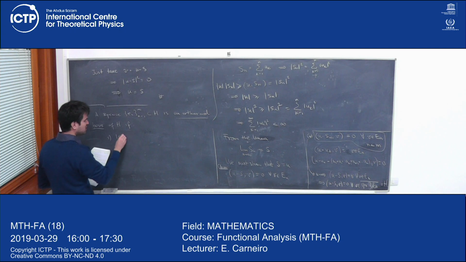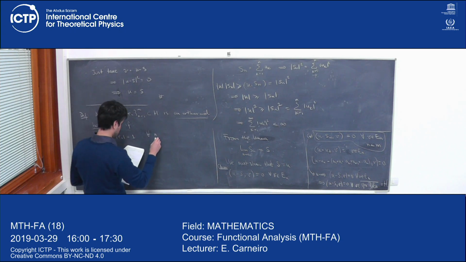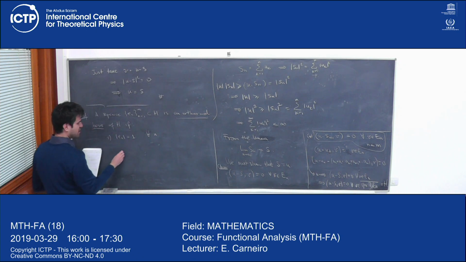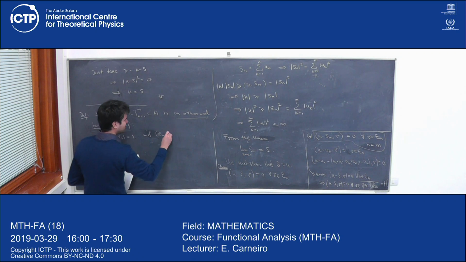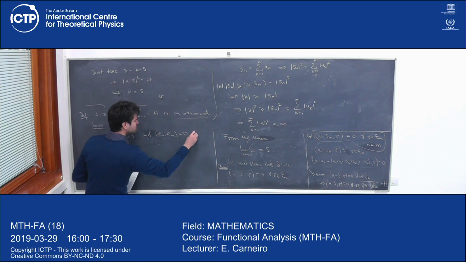First, each En has norm 1 for each n, and they are mutually orthogonal.